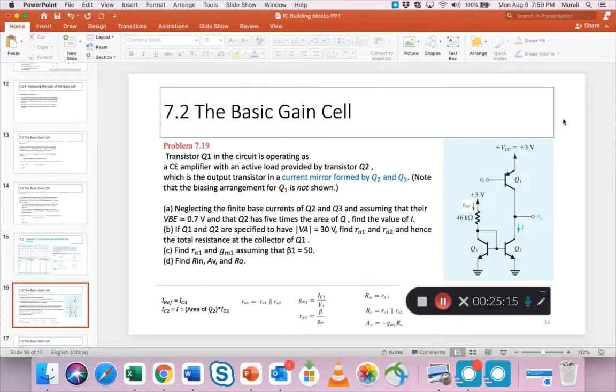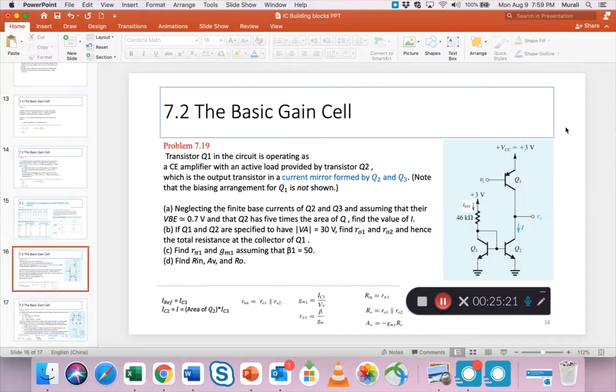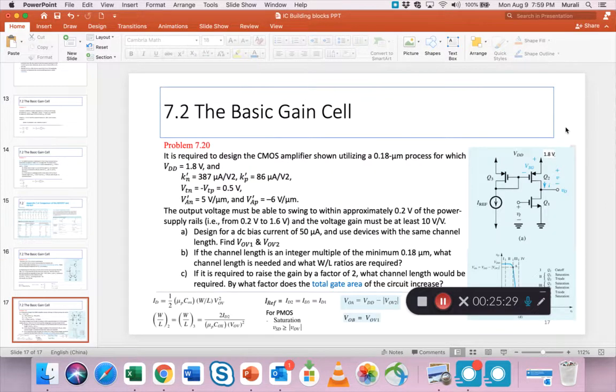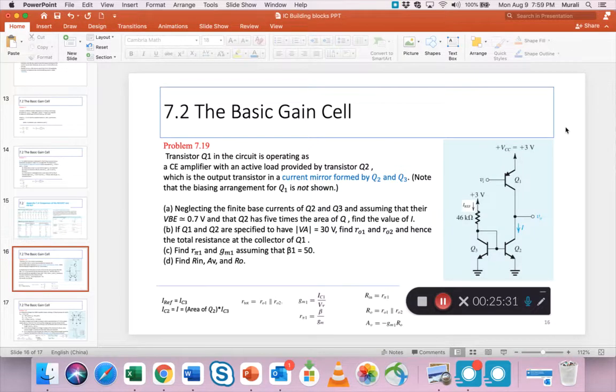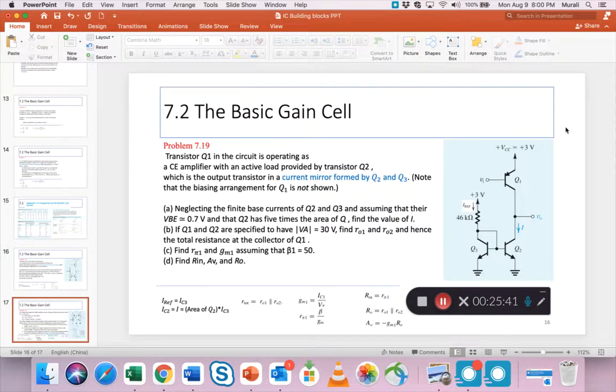We'll move to the next problem, 7.19, and then we have 7.20. So I only have two more problems to work with you. This problem, 7.19, hold on, and 7.20 are both related to the current mirror business.